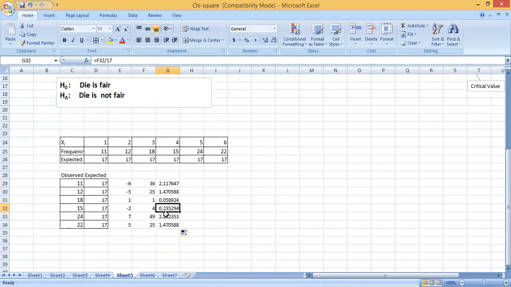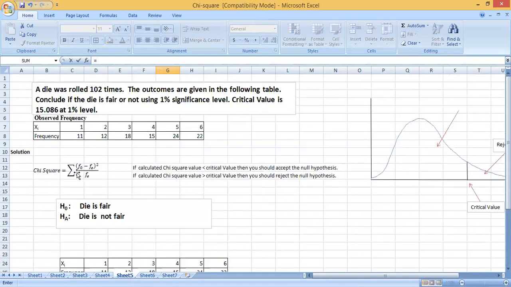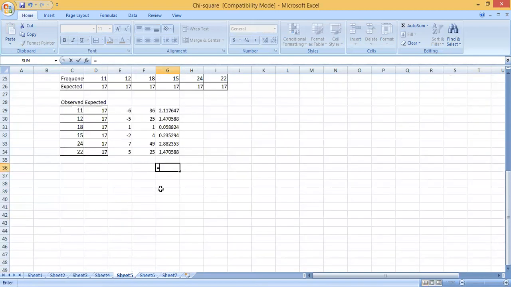Now we have to take the sum of it, because in the formula there is a summation.